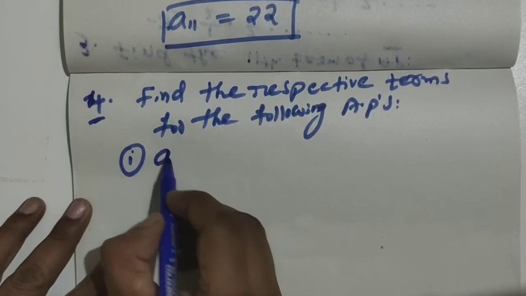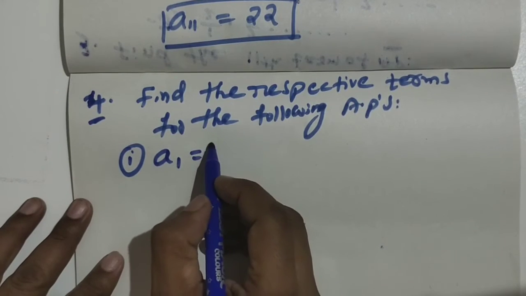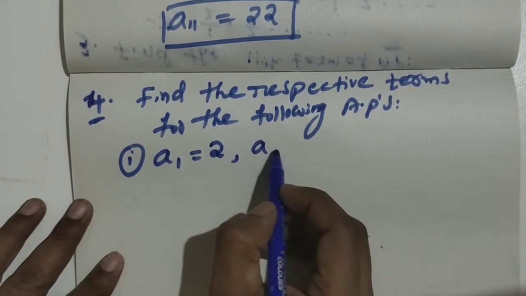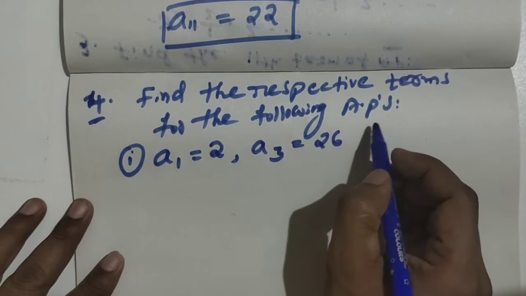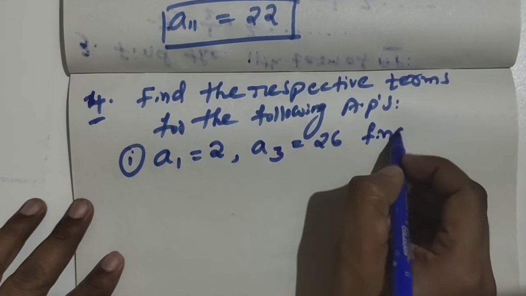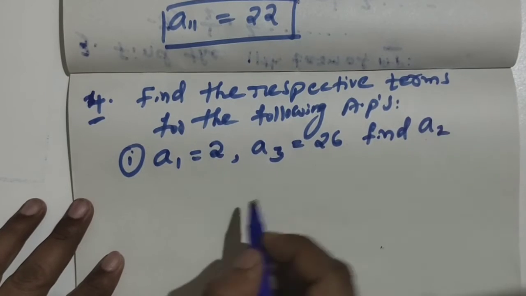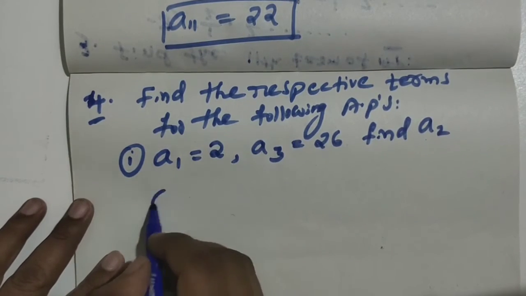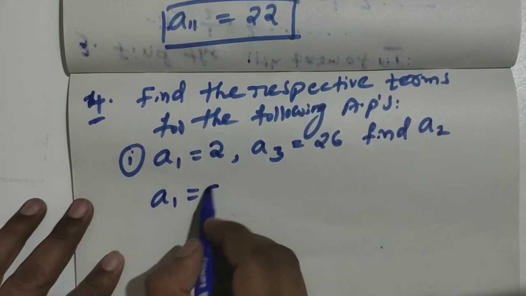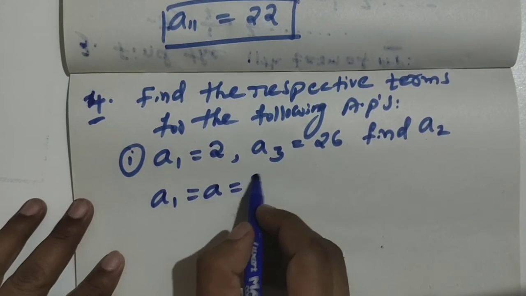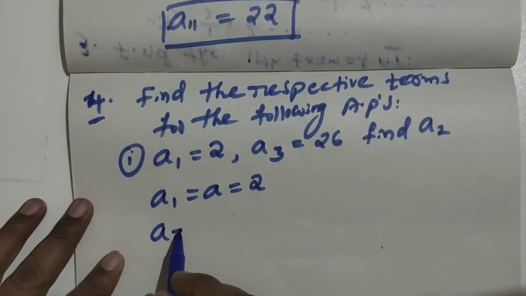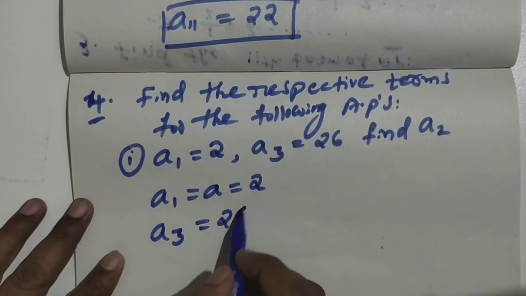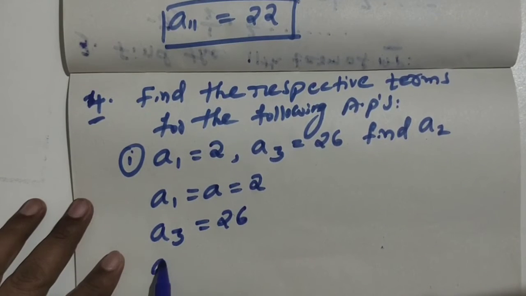So here A1 is equal to 2, A3 is equal to 26. Now we have to find A2. A1 is always represented by A. A3 is given as 26.